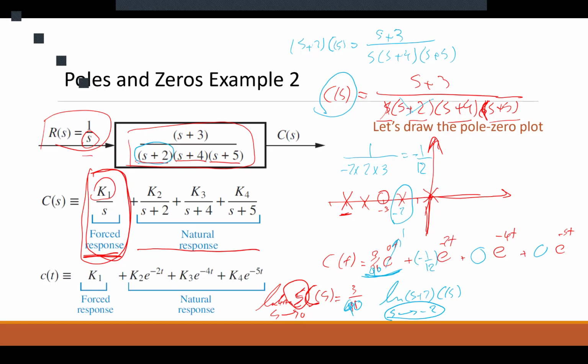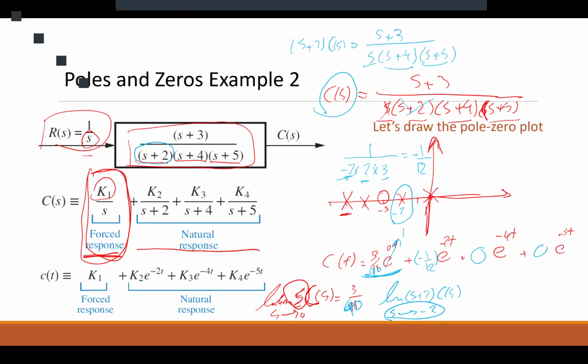The numerator is simply minus 2 plus 3, which is 1. In the denominator, this one is going to be minus 2, this one is going to be 2, and this one is going to be 3. Is that clear? Now we just multiply these with each other, which is minus 4 times 3, minus 12.